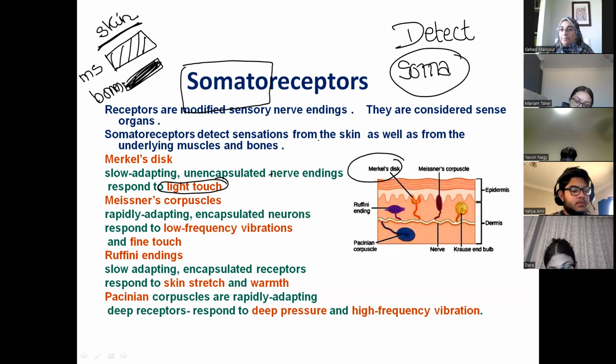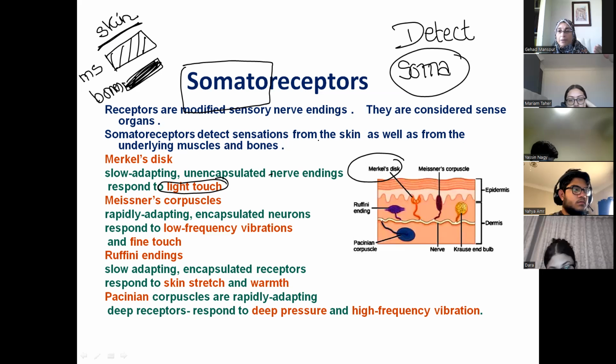A rapidly adapting receptor is a receptor where the sensation diminishes rapidly. For example, if I touch my hand or touch your hand, at the beginning you feel the touch with a certain intensity. But gradually as time passes and I keep my hand on yours, you gradually lose this sensation of touch, as if I am not putting my hand on yours at all.